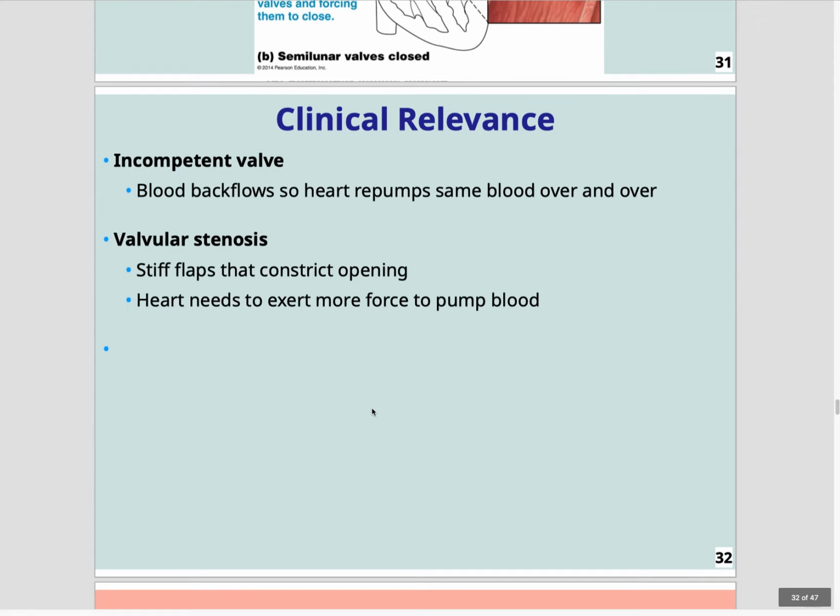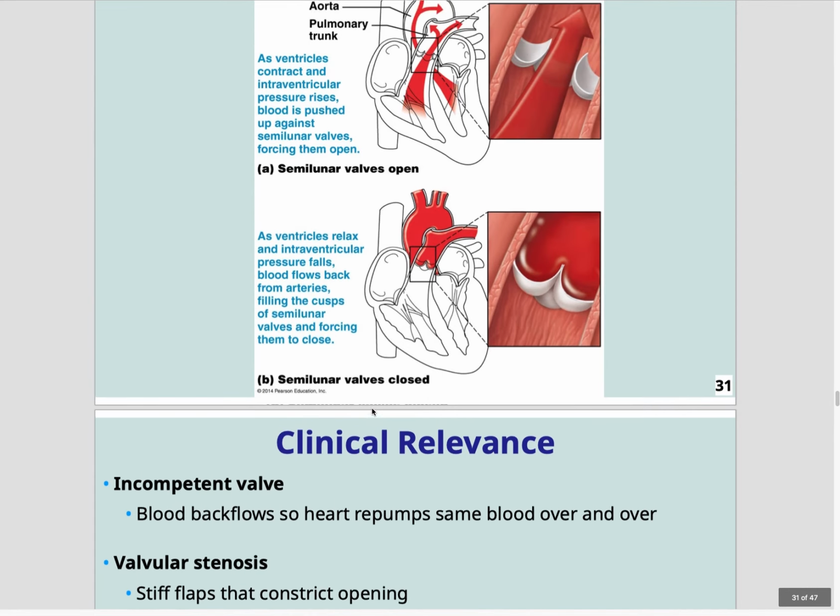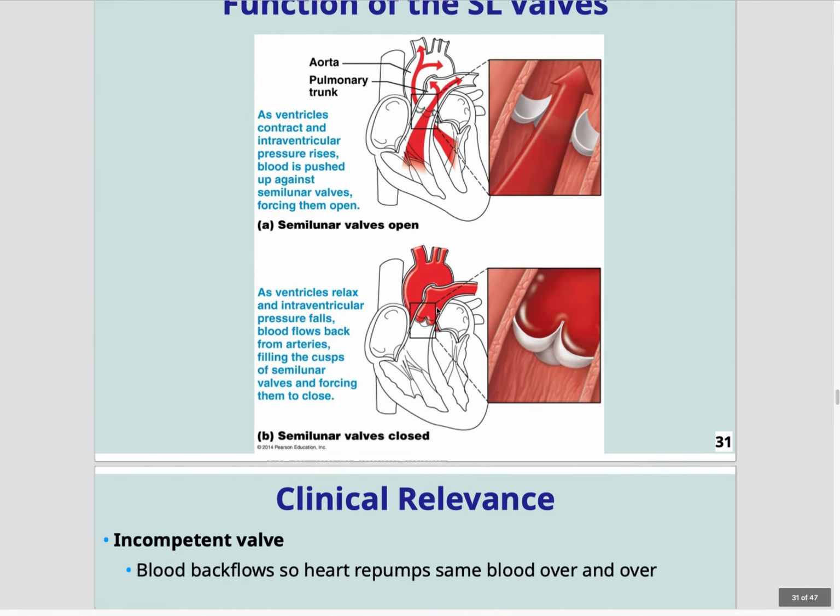Some clinical conditions related to heart valves include incompetent valve, which is where those valves are not closing properly. So in that case, you can get blood flowing back to the previous chamber.